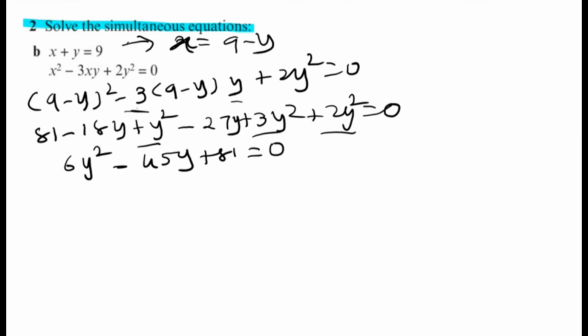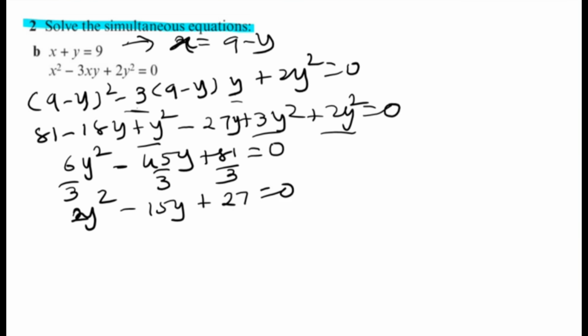Now this is a quadratic equation, we have to factorize it. To make it easy, I can divide everything by 3. So divide by 3, divide by 3, divide by 3. So it's 2y squared minus 15y plus 27 is equal to 0.